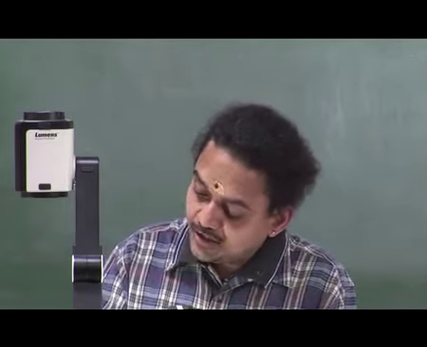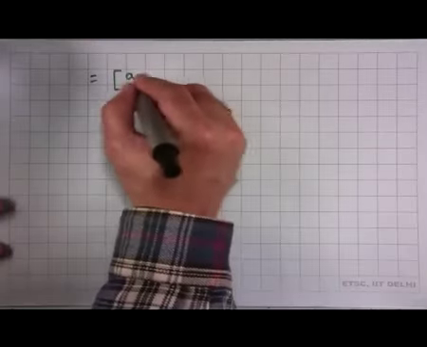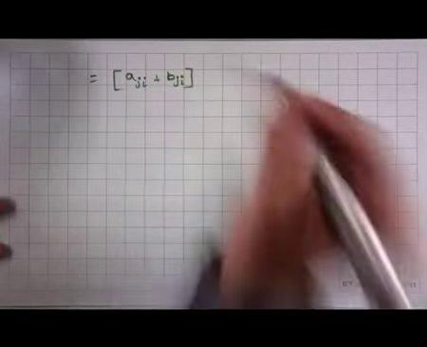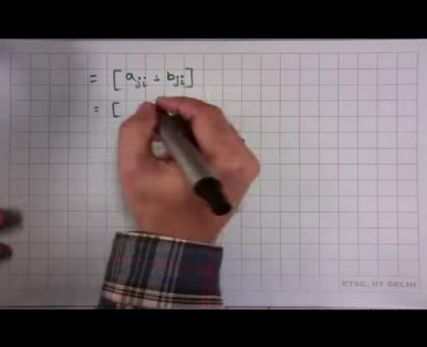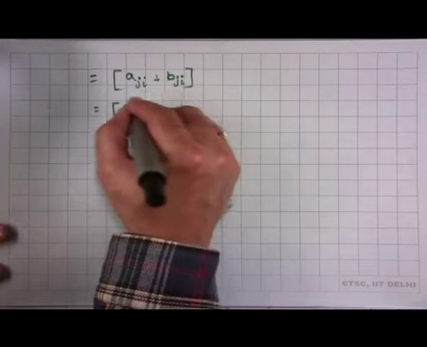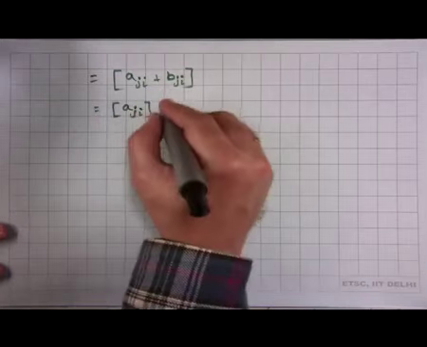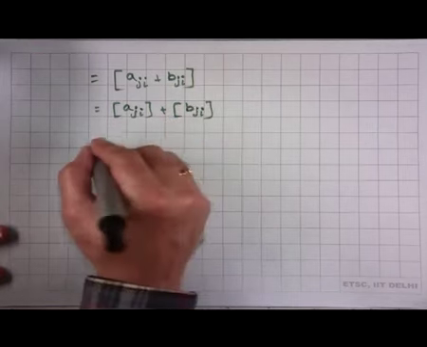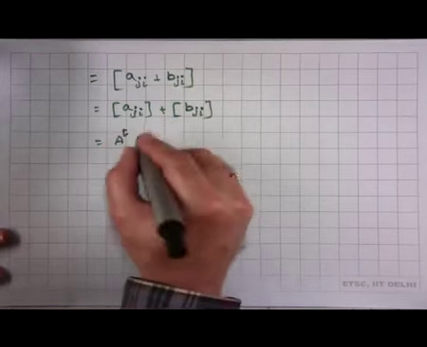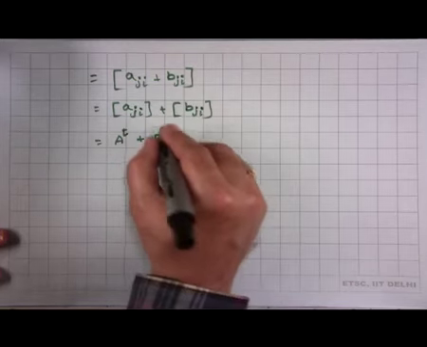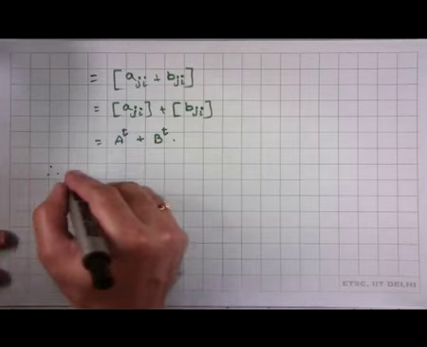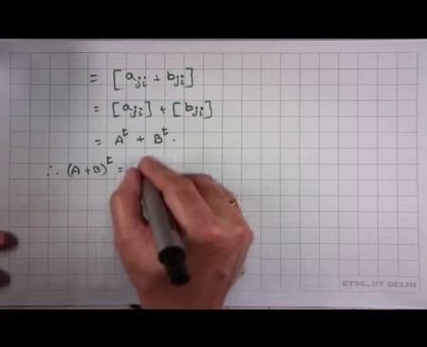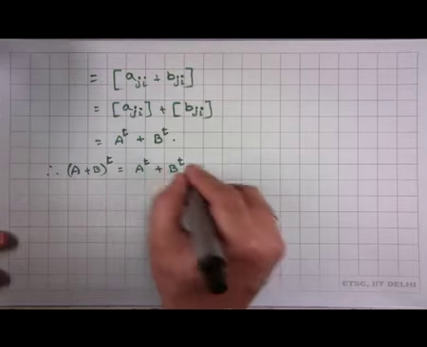So, you will end up with Aji plus Bji, which by the definition of matrix addition is the matrix consisting of Aji's plus the matrix consisting of Bji's. But this is the same as A transpose plus B transpose. Therefore, A plus B whole transpose is equal to A transpose plus B transpose.